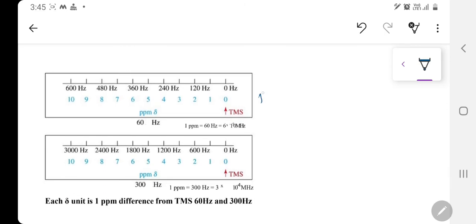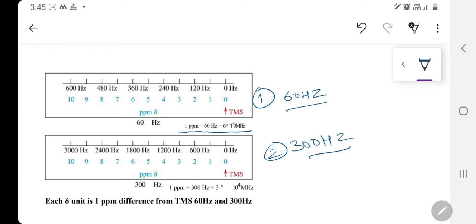In this table, the first one, 1 ppm is equal to 60 Hz. So this table is for 60 MHz, and the second one is for 300 MHz. The values vary from 0 to 600 Hz, and in this one the value varies from 0 to 3000 Hz.